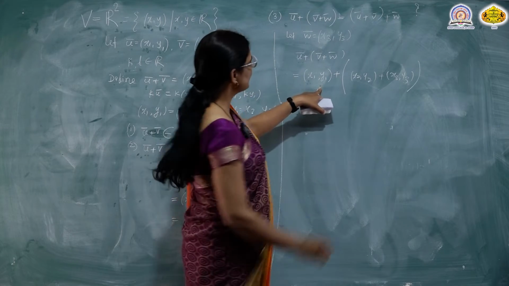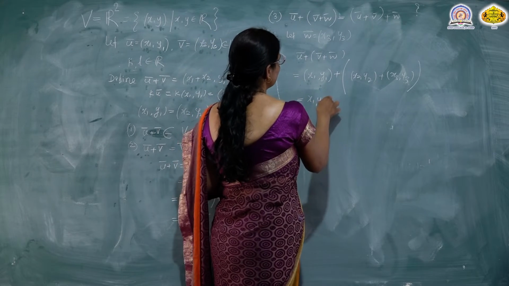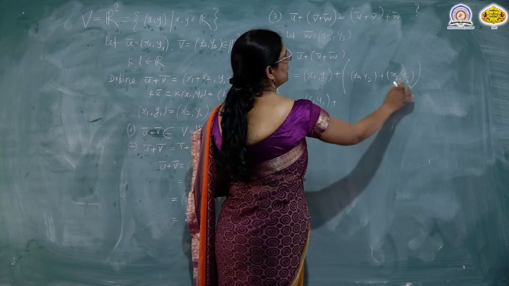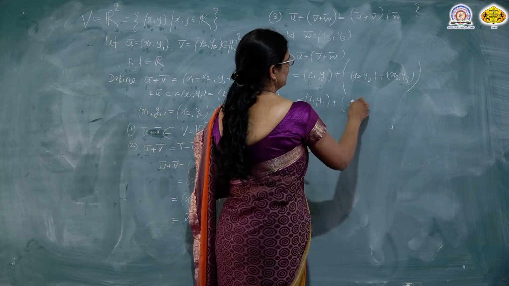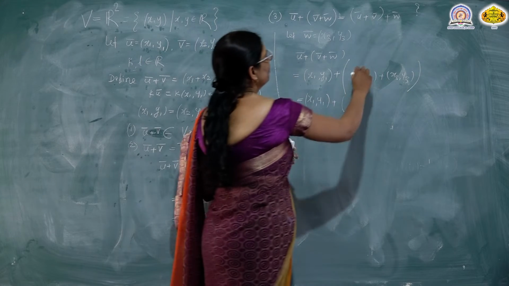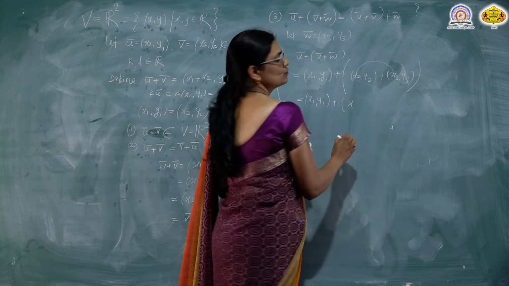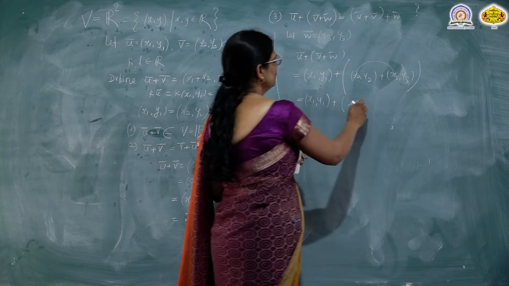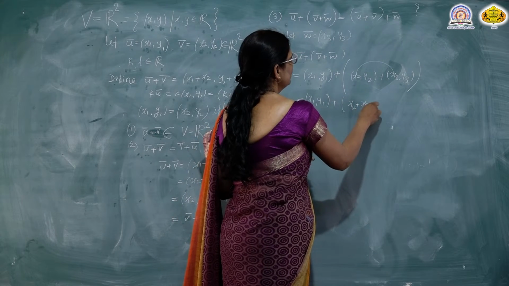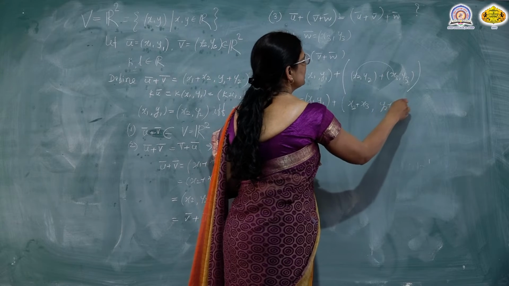Okay, keep this pair as it is. First solve the bracket. So x1 y1 plus the addition of these two vectors is component wise addition. So we add these two first components, so x2 plus x3 comma y2 plus y3.